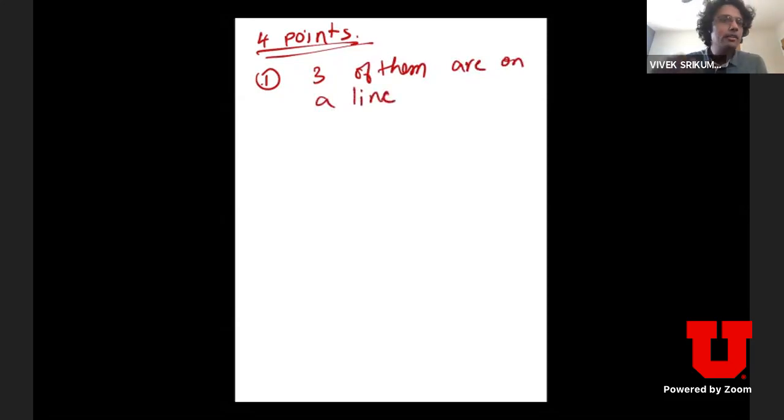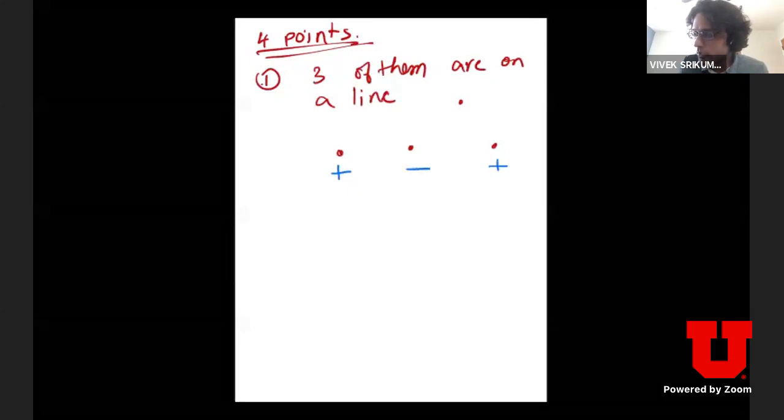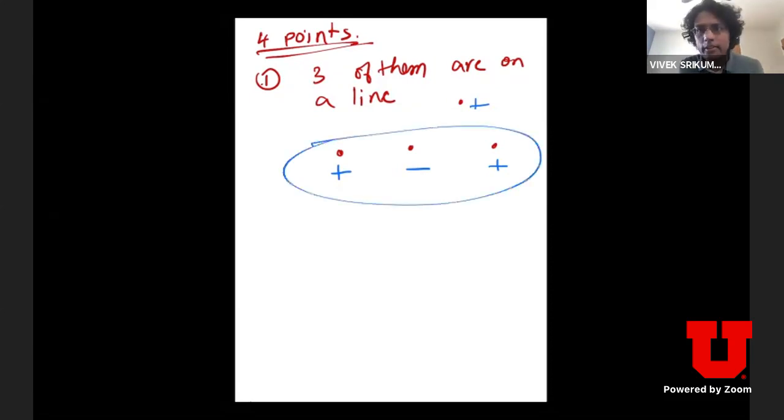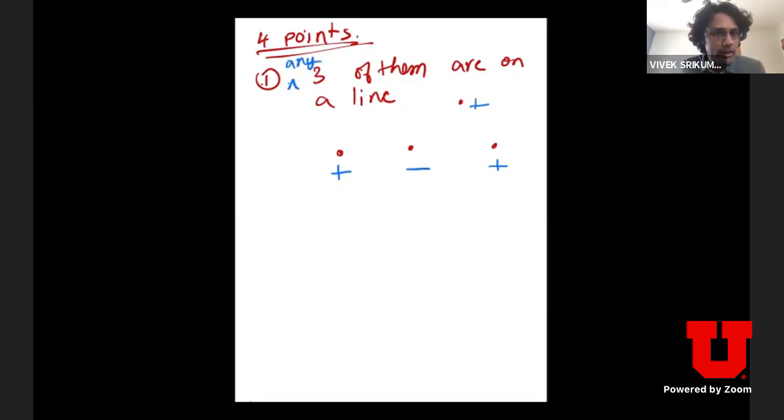If 3 of them are on a line, the other one is not. So you have 3 points on a line, and the other one is not on this line. It could be anywhere else, somewhere like this. In this case, I can find a certain labeling that is not going to work. In particular, the labeling that was suggested, something like plus, minus, plus. I don't care what the labeling of the 4th one is. Let's make it a plus. Doesn't matter, because this itself is going to make life hard for a linear classifier. So if any 3 of the 4 points are on a line, they cannot be shattered.